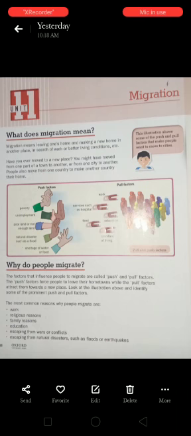Then the countries from where most of the migrants come to Pakistan are Iran, Iraq, Bangladesh, Burma and Somalia.